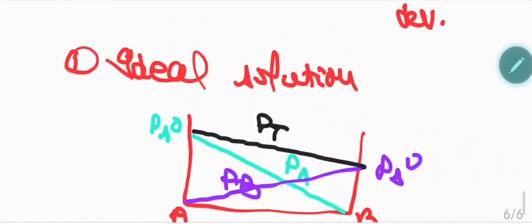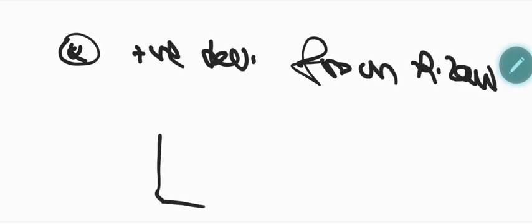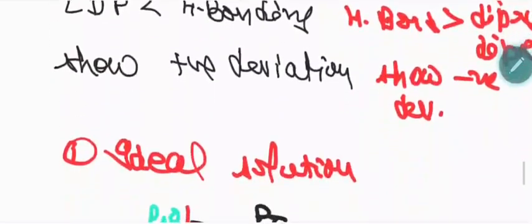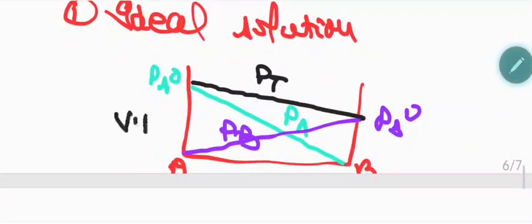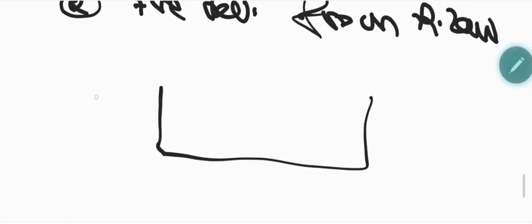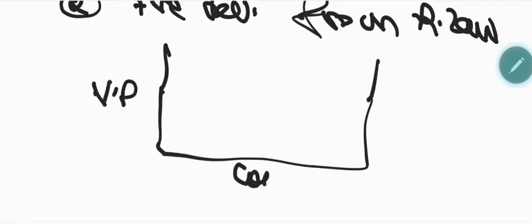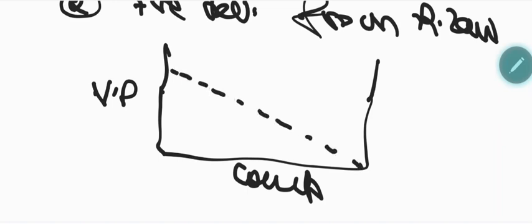But when you move to the non-ideal solution with positive deviation, it is very easy to make. Again, this is vapor pressure and composition. Here also it is vapor pressure and composition. The expected lines are this one for the ideal one, which I am making as dotted lines.